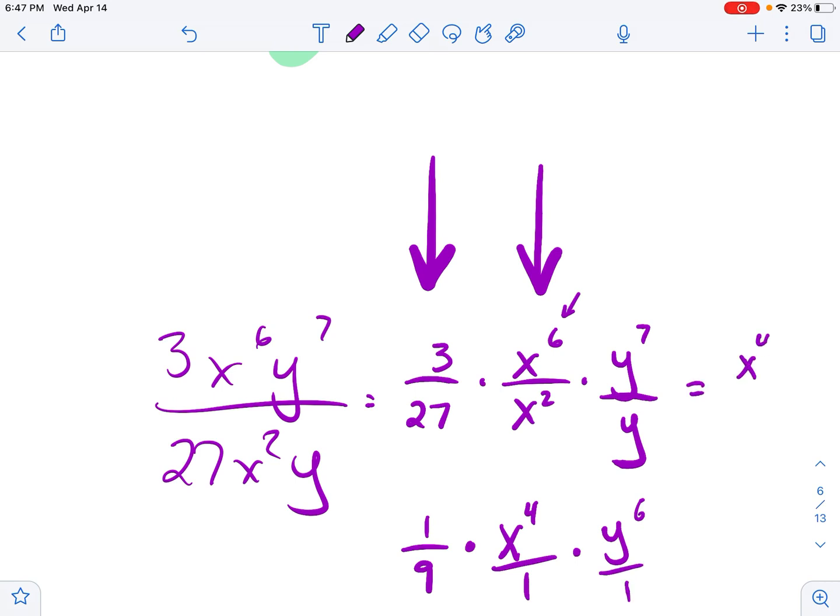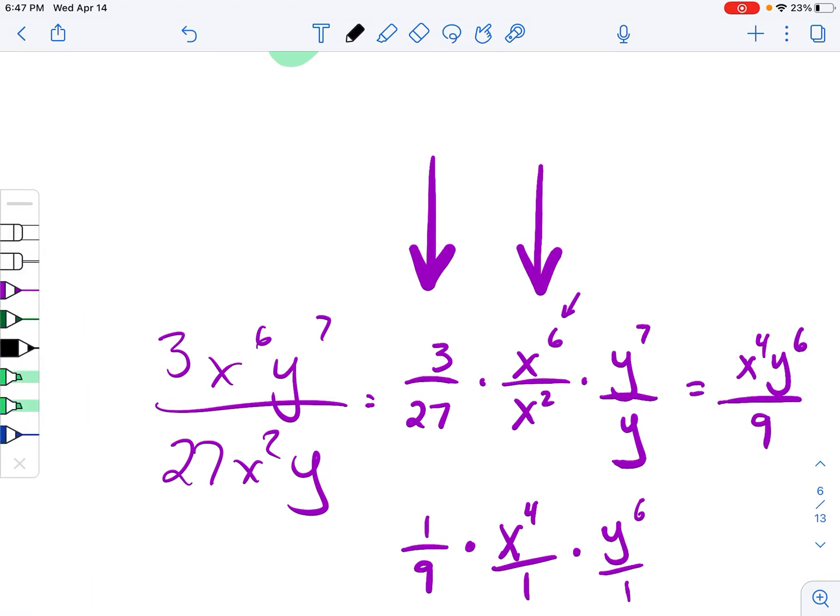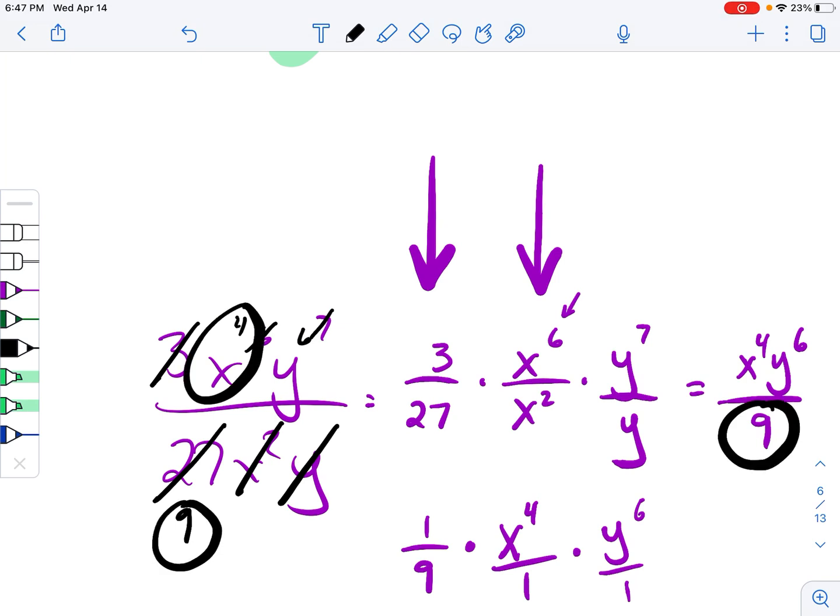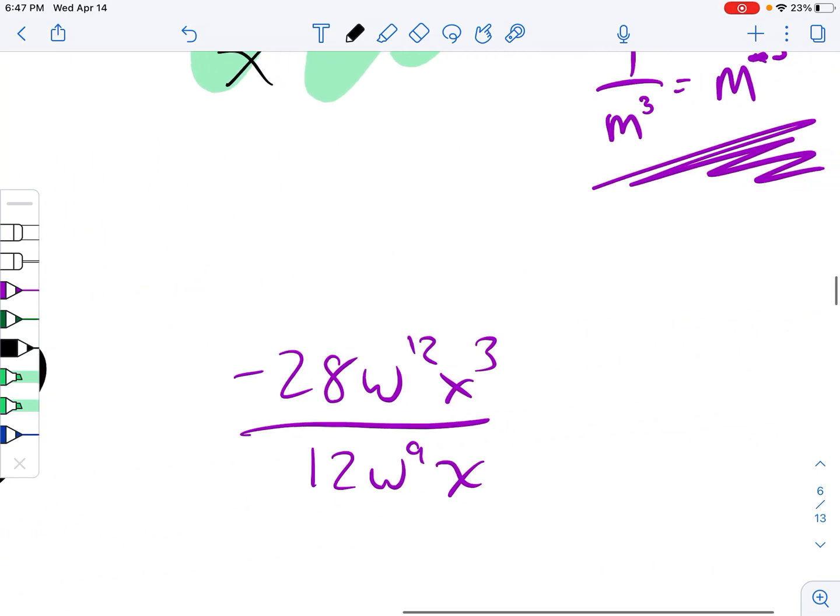So I end up getting x to the 4th, y to the 6th over 9. Now, could you have done that just sort of canceling within? Yeah, totally. I recommend canceling your x squared and just writing this in as a 4, canceling this y out completely and just writing this in as a 6. So you have a 9 in the denominator, an x to the 4th, and a y to the 6th. There you go.